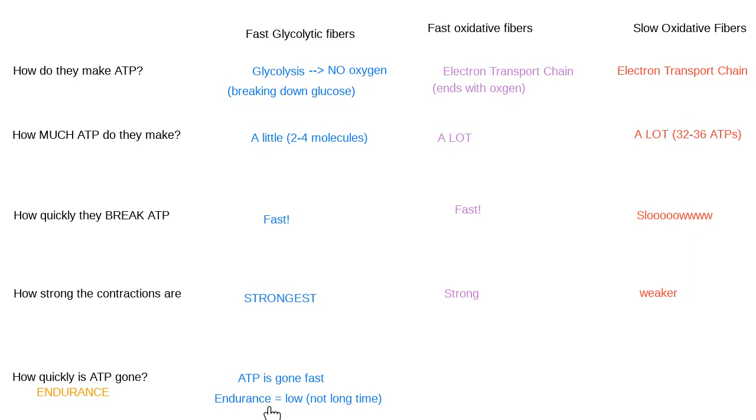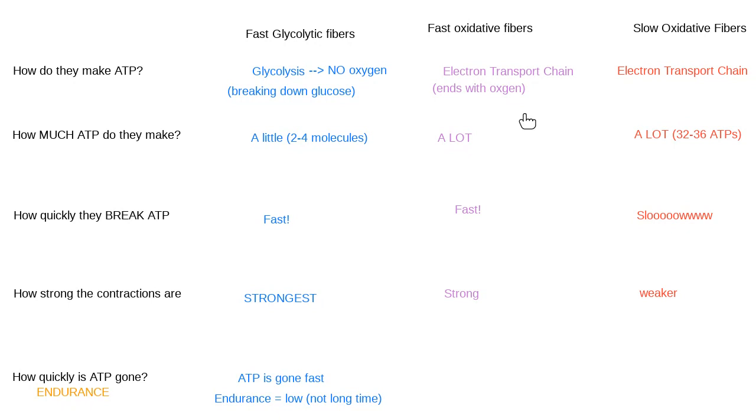If we don't need to do things for very long, then we're good. These fibers can give me a really strong contraction for a really short period of time. If all you need is one really strong contraction, fast glycolytic fibers are the way to go, because they're the strongest fibers. They also run out of ATP the quickest, though, because they only build a little bit and they break it down really fast.